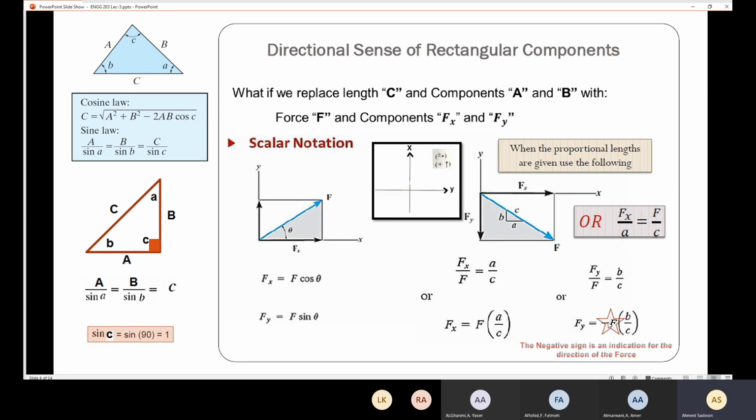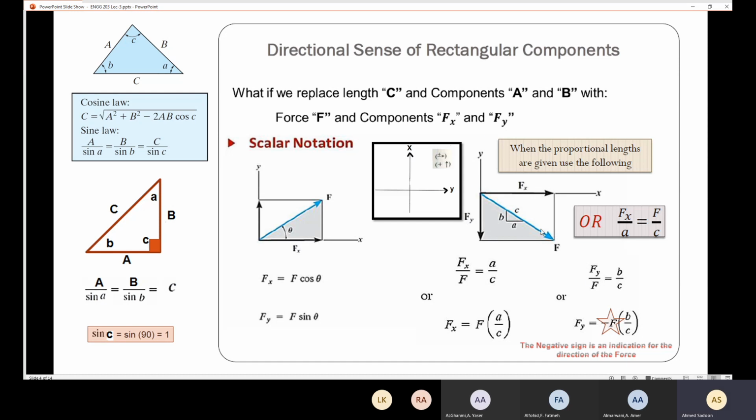But here we have a minus, like you can see. So where do we get that minus from? Here, like you can see, the direction is down. And according to the sign convention, since this one is down, that means the value should be minus.